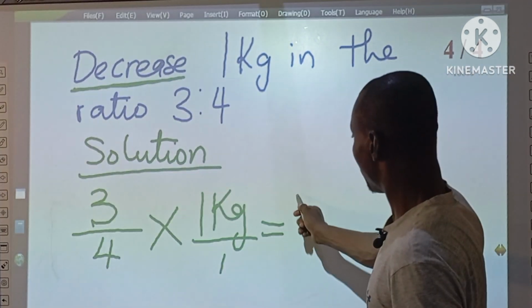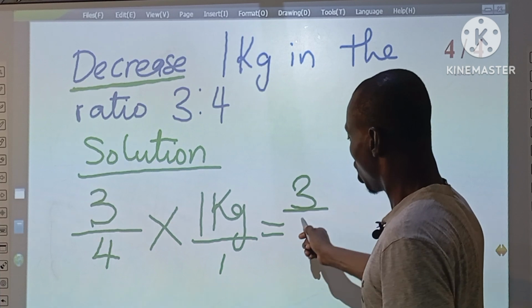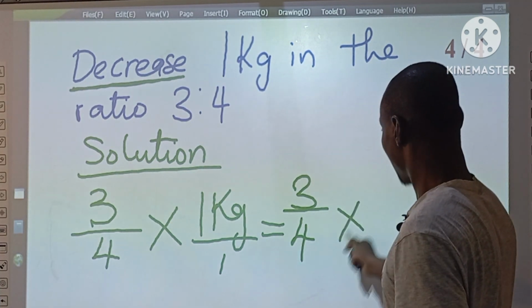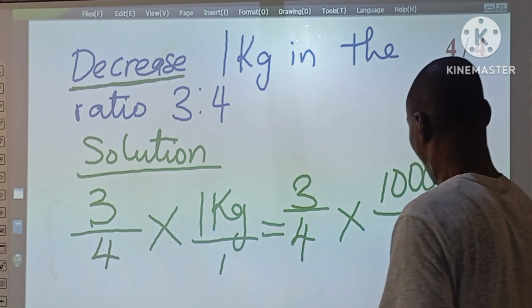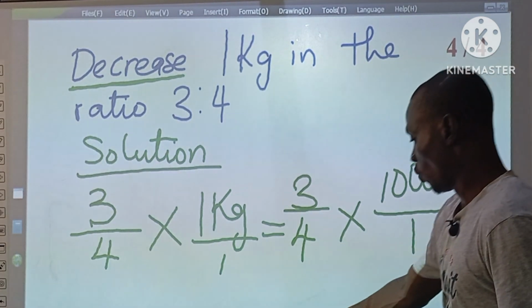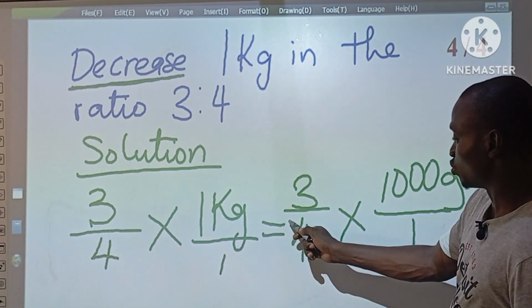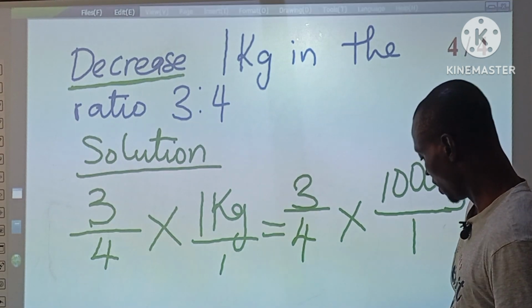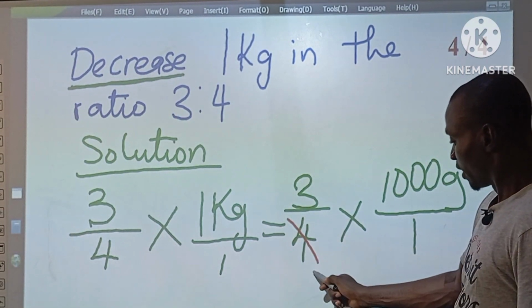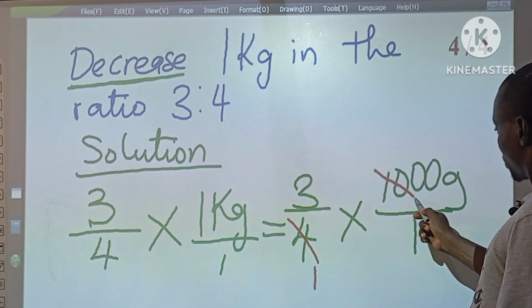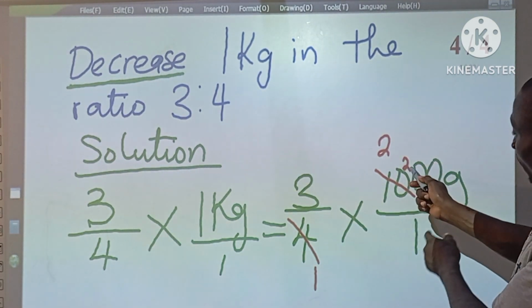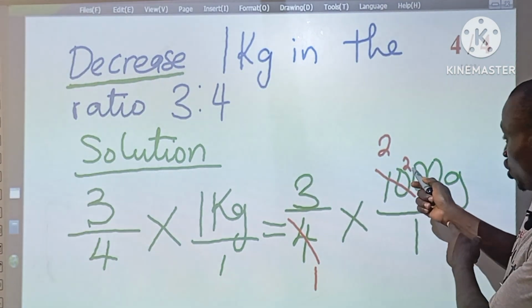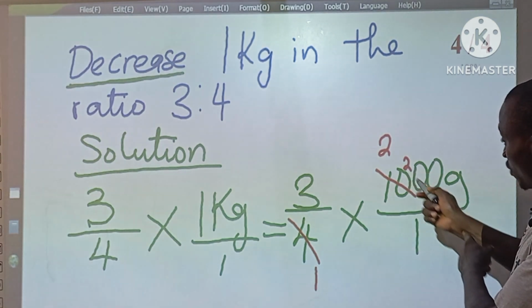So this equation can be rewritten as 3 all over 4 times 1,000 grams all over 1. With this, we can go straight to do our division. And if 4 goes in here, gives me 1. 4 goes into 10, gives me 2, with a remainder of 2. Now this 2 kept close to this 0, make this 0, 20.